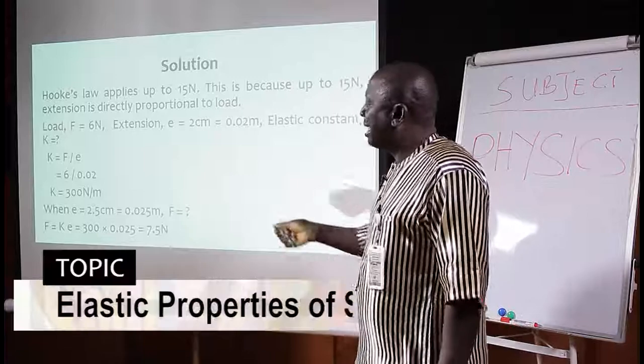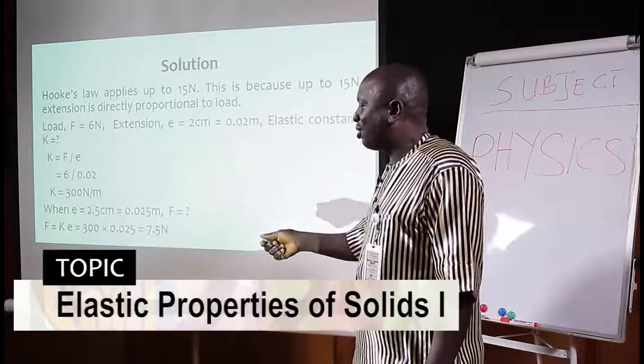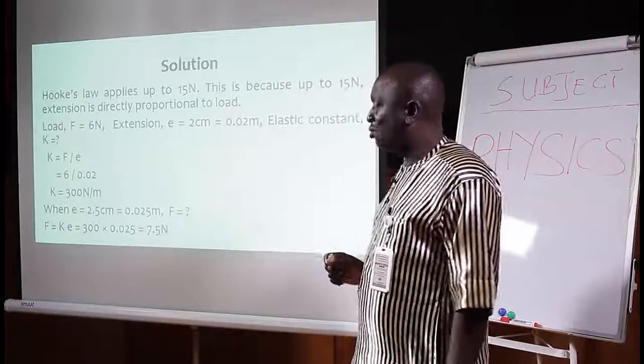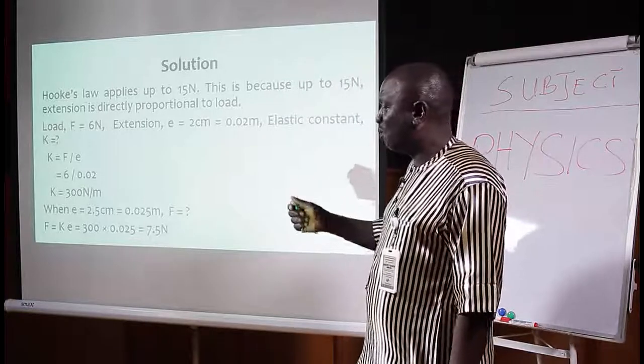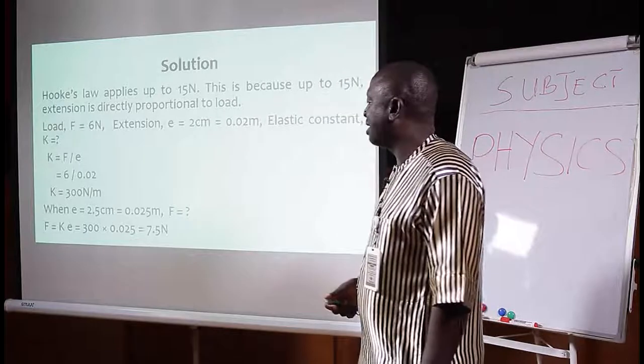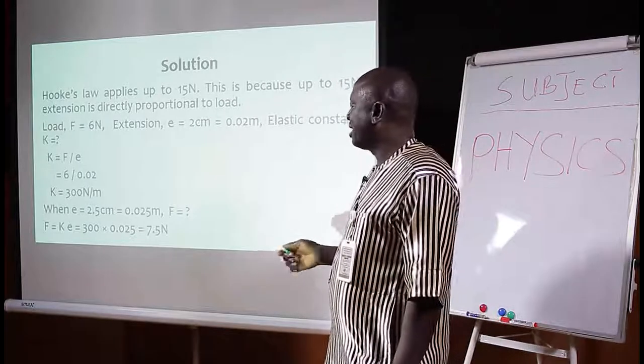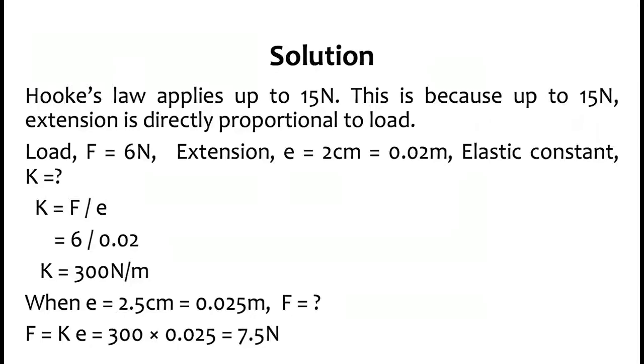Now, when e, our extension, is 2.5 centimeter, that's what the question is asking us to find: the load that will correspond to an extension of 2.5 centimeter. Converting 2.5 centimeter to meter, we have 0.025 meter. The load or force F is unknown.